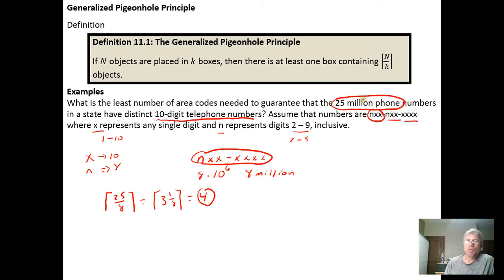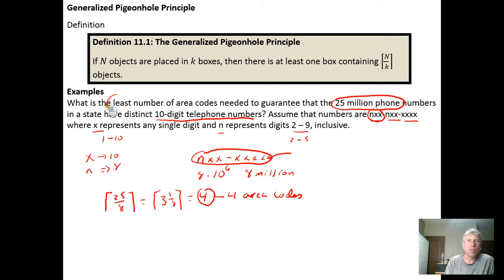We've distributed the 25 million numbers into 8 million boxes. At least one of those boxes will have 4 phone numbers. So to make those 4 phone numbers distinct, you would need 4 area codes. And that's the answer to the question.